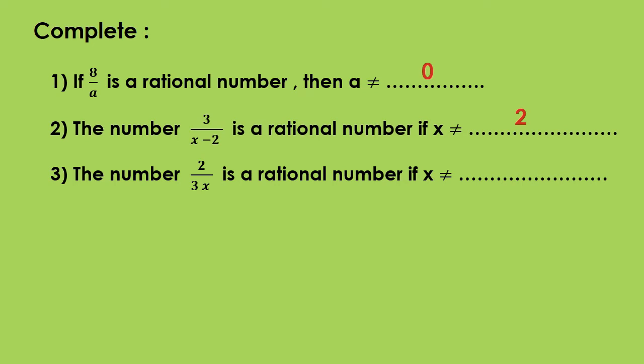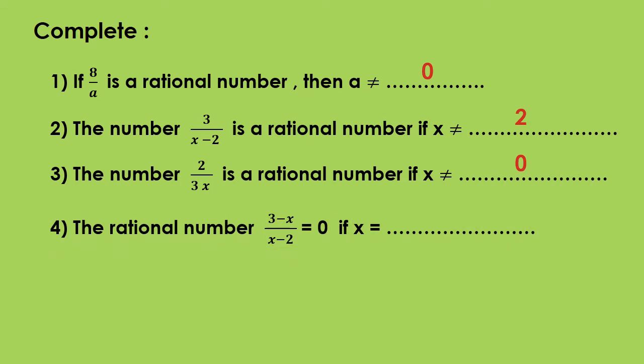Number 3, the number 2 over 3x is a rational number if x not equal to. In the denominator we have 3x. What is the meaning of 3x? 3x means 3 times x. 3 times a number equals 0, it will be also 0. Number 4, the rational number 3 minus x over x minus 2 equals 0 if x equals.